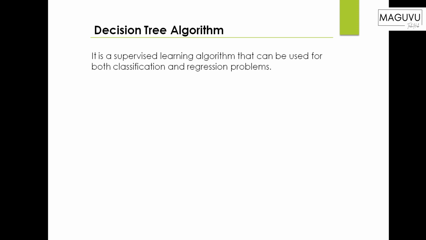A decision tree algorithm is a supervised learning algorithm that can be used both for classification and regression problems. A decision tree algorithm splits a node into two or more subnodes.